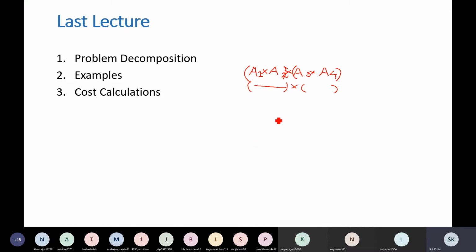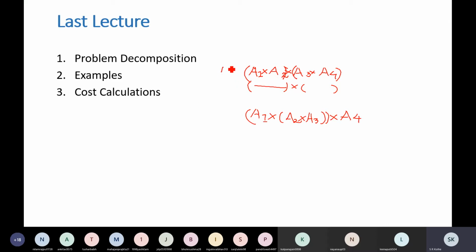This is one way. Another way is that you can have matrix A1, then you can multiply that with result of A2 and A3, which we have done separately, and result of this you can multiply with matrix A4. So there are several ways this task can be performed. So that makes our problem solving easier.